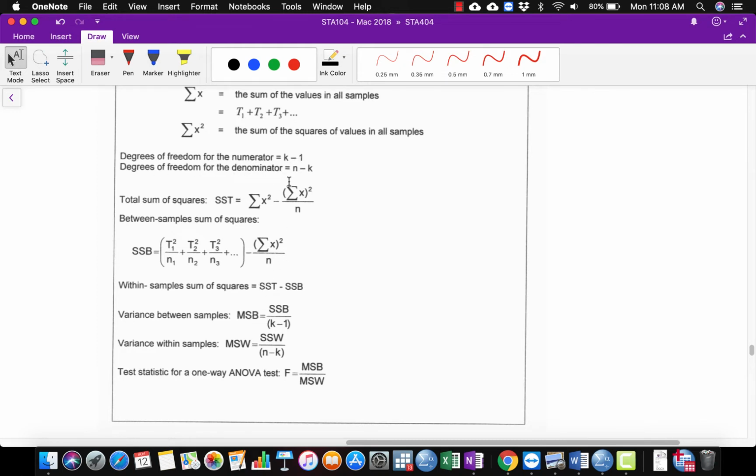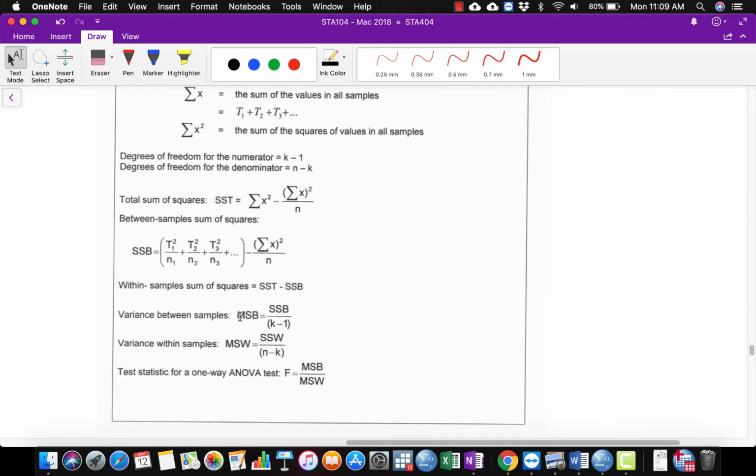The degree of freedom for the denominator is n minus k, and this is the formula for sum of square total. This is the sum of square between groups, and the sum of square within group is sum of square total minus sum of square between group.